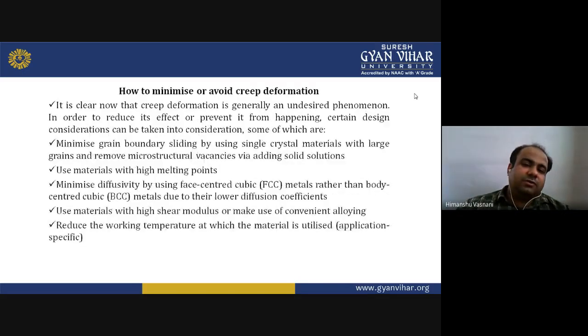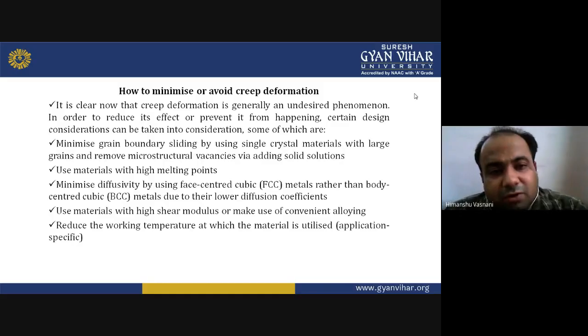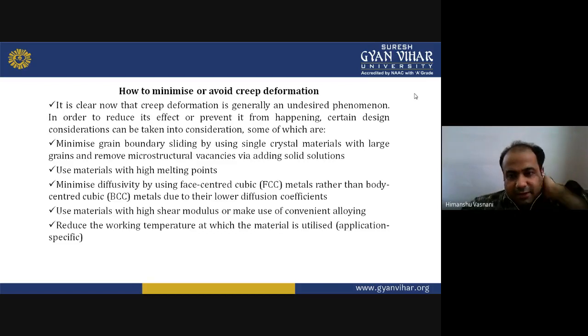Now, how to minimize or avoid creep deformation? It is clear that creep is generally an undesired phenomenon, as we studied in the first slide. To reduce its effect or prevent it, certain design considerations can be taken into account.